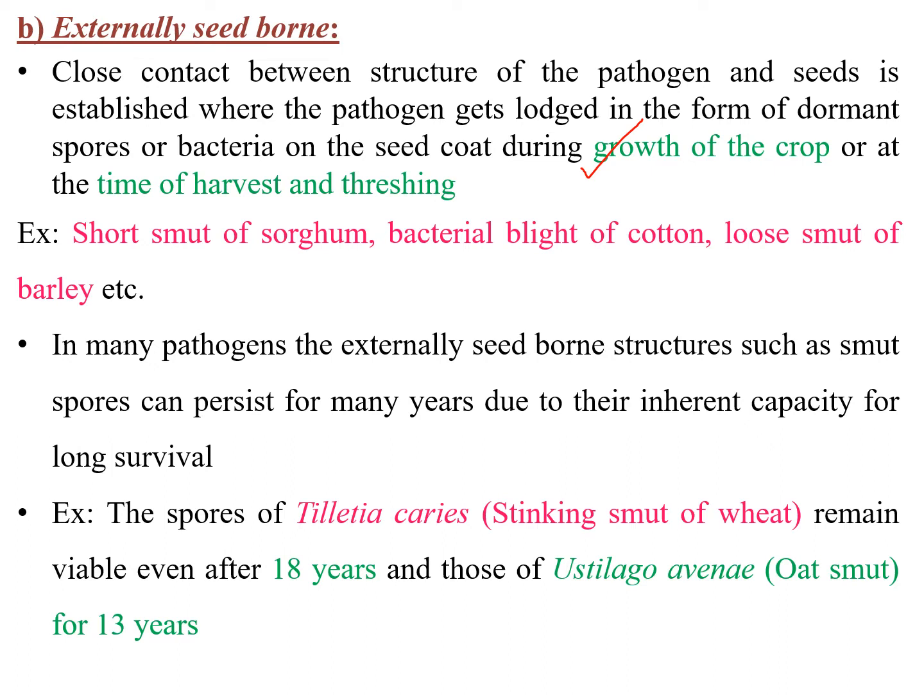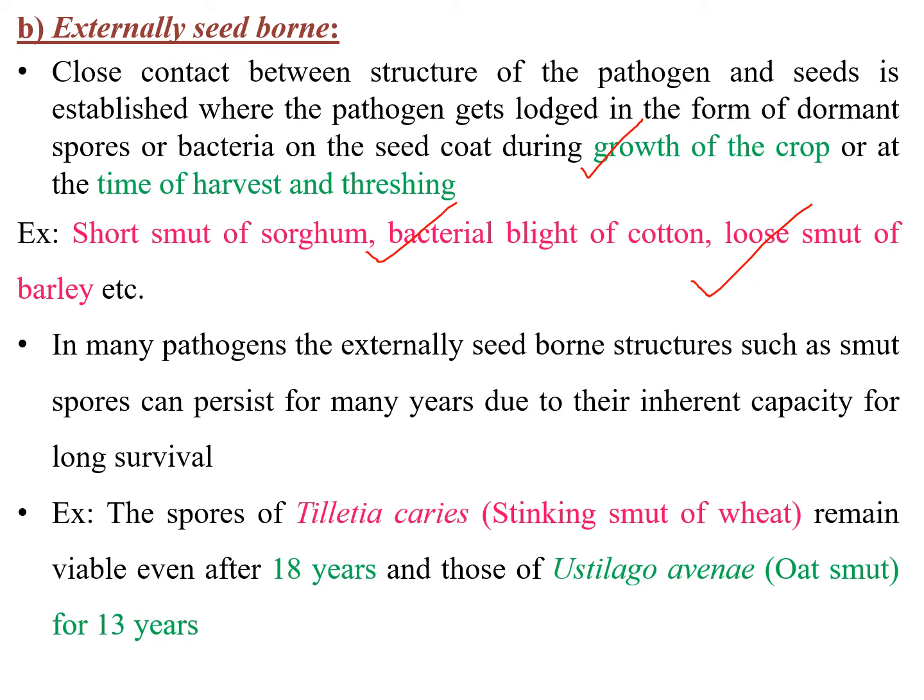Examples of externally seed borne pathogens are short smut of sorghum, bacterial blight of cotton, and loose smut of barley. In some cases, externally seed-borne structures such as smut spores can persist for many years because they have an inherent capacity for long survival. That means as long as the seed is viable, the pathogen is also viable.